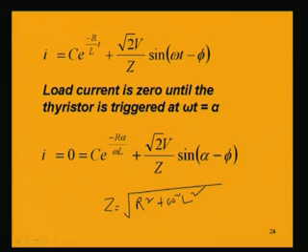Putting the value of omega t equal to alpha, the current is equal to 0, and 0 equals C into e to the power minus R by L t plus root 2 V by Z sin of alpha minus phi.